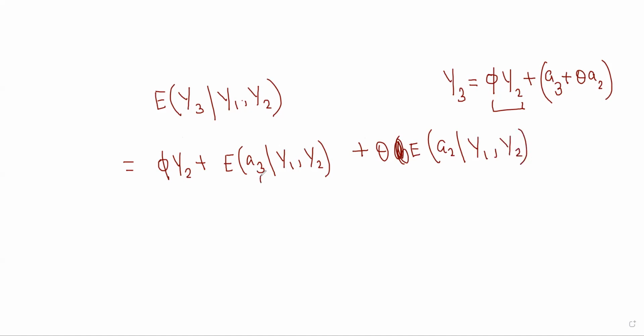Now what is this? The expectation of A3 is simply 0. So you have phi Y2 plus this term.